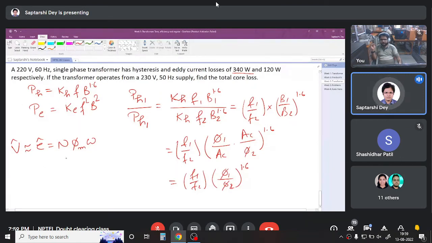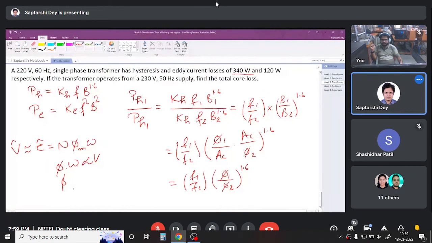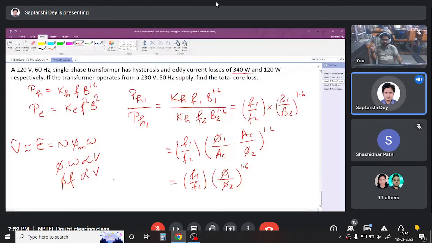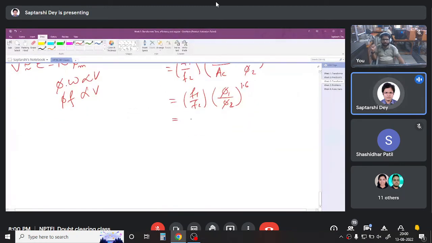Now from here, can I not say that phi into omega is proportional to V? So if phi into omega is proportional to V, I can write phi into F is proportional to V. So what I do is, I multiply this expression, F1 by F2, with phi 1 by phi 2.